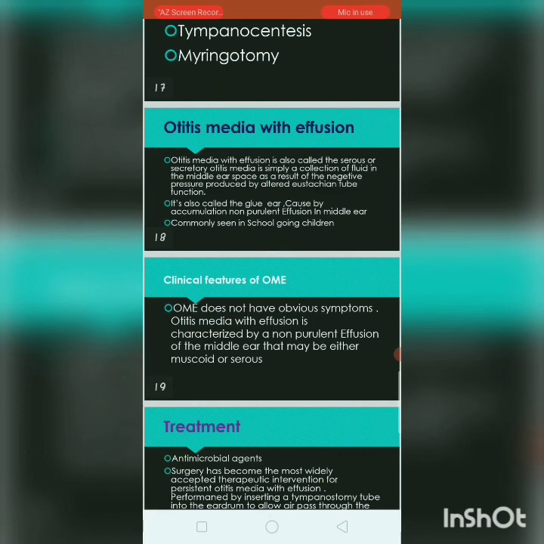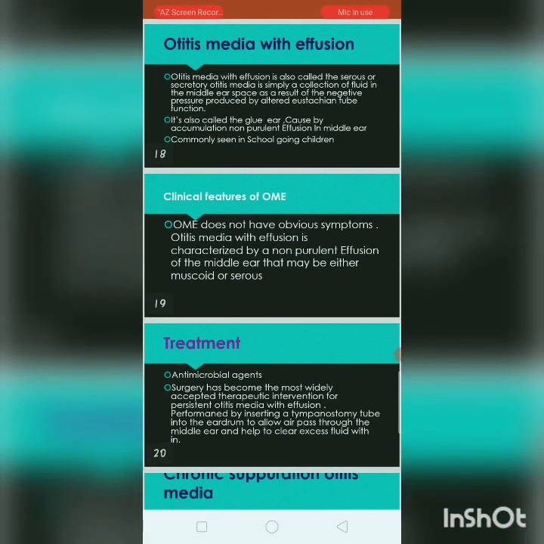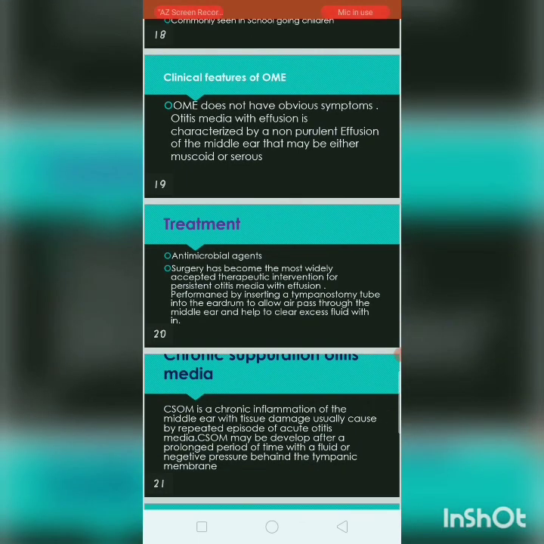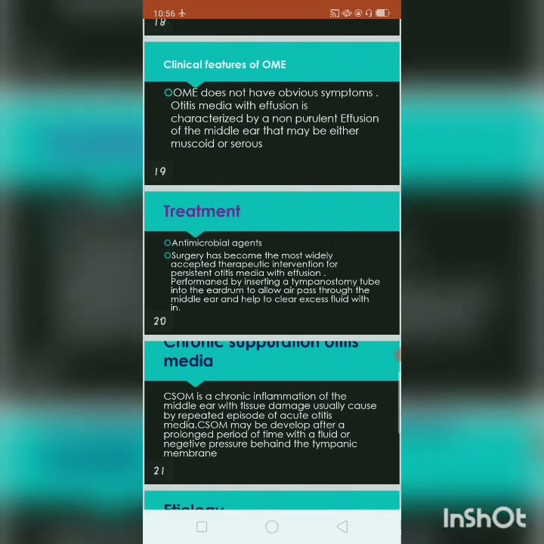It is a collection of non-purulent fluid. It doesn't have any obvious clinical features, signs, or symptoms, and treatment is antimicrobial agents and antibiotics.